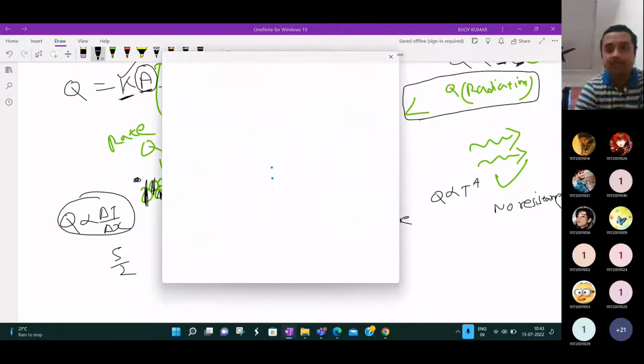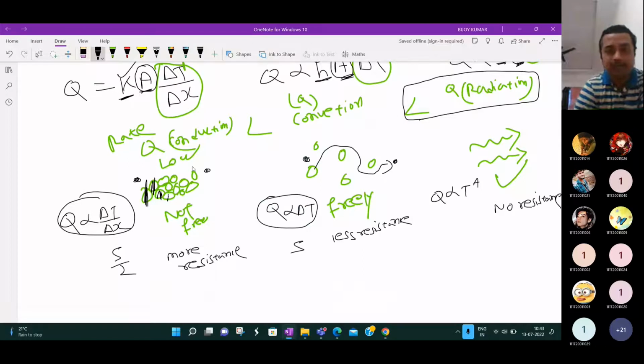What you observe is, here the heat will travel due to the molecular vibration or atomic lattice vibration. So the resistance will be more, or we can say to travel from this place to this place it will take more time. But in the case of fluids, the resistance will be less.